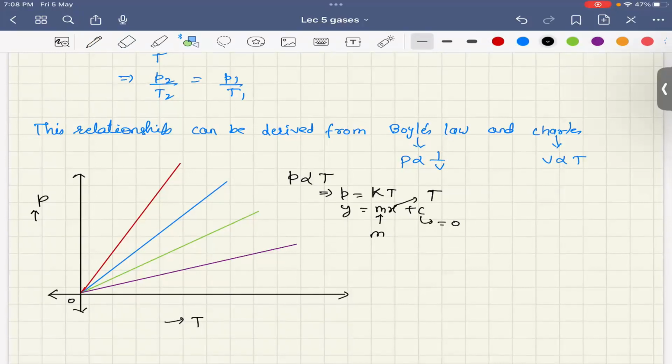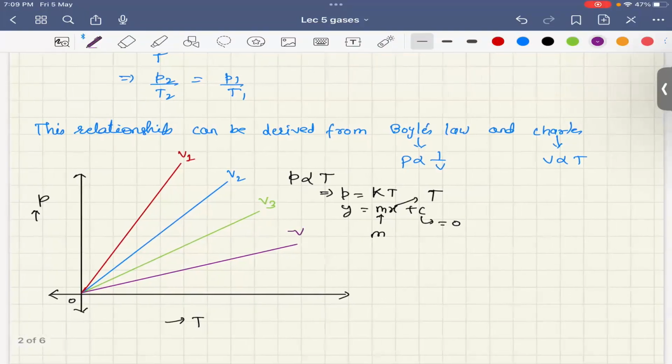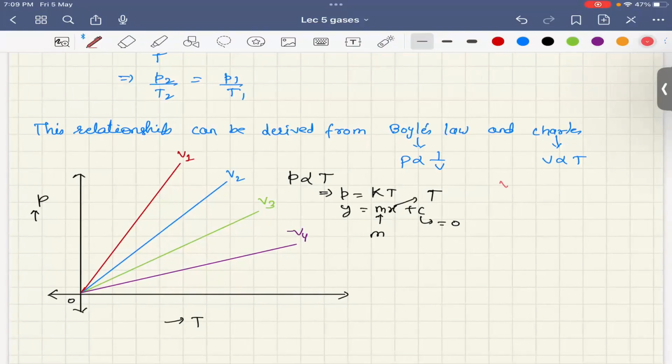Let's say these are all isochores. Isochores means the constant volume graph. So let's say this is V1, this is V2, this is V3, and this is V4. V1 is going to be less than V2, which is less than V3, which is less than V4.